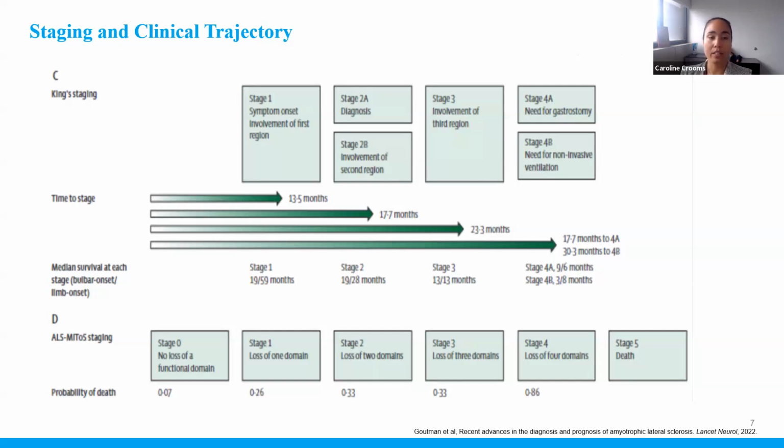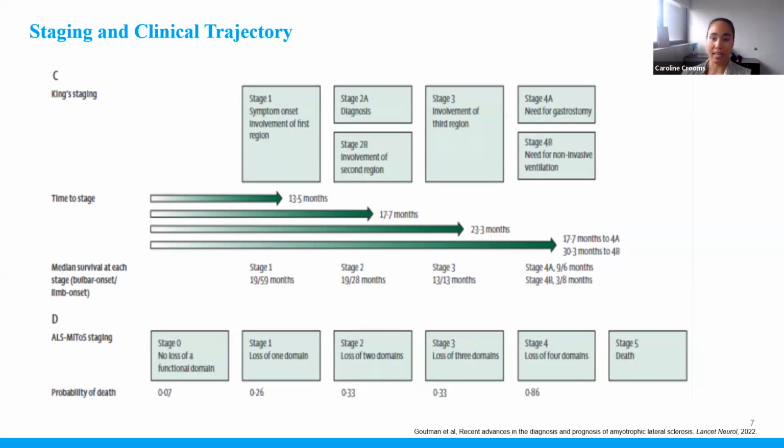So in stage 1, you have a first region, a lower extremity, for example, average time would be about 13 months. And then in stage 2, going to another region, so on and so forth.